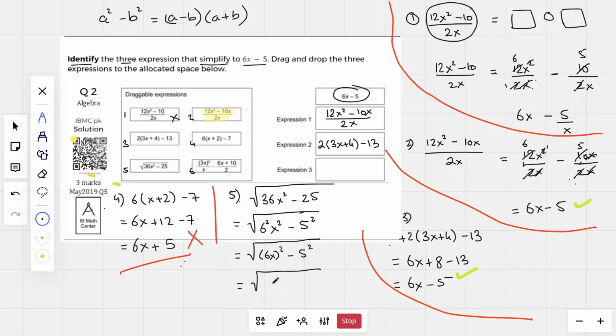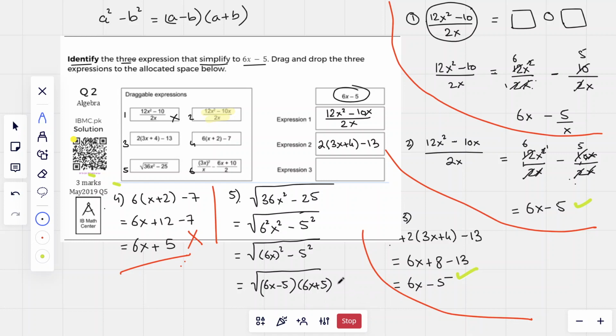And that's what I can do here. I can write a is 6x, b is 5, so I can write this as 6x minus 5. That's one of the terms, but I'm afraid we have another one accompanying it, which is 6x plus 5.